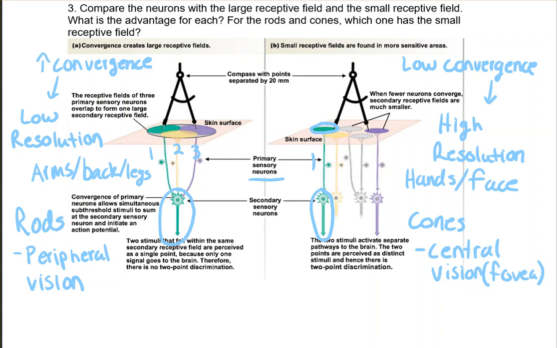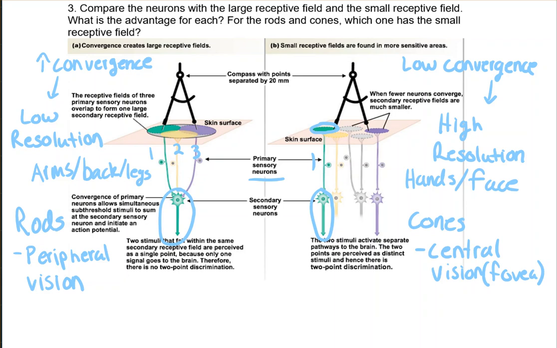Where you're looking right now is the only place where you can read, because it is directly in your central vision, and that has the smallest receptive field so that you see with a very high resolution. That's why Dr. Chang was referring to cameras when talking about this. So you only see clearly with your central vision.